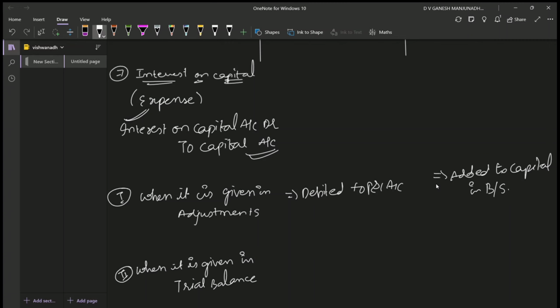But when it is given in a trial balance, we shall see accounts again. So let us take this as a capital account, and let us take here the interest on capital account. Capital account would be having a credit balance, that is by balance. One minute, let me write it clearly.